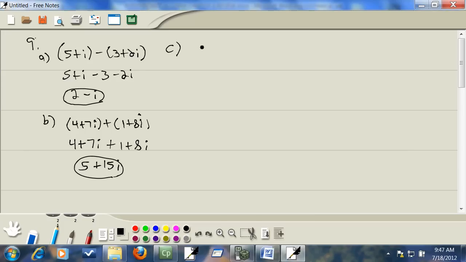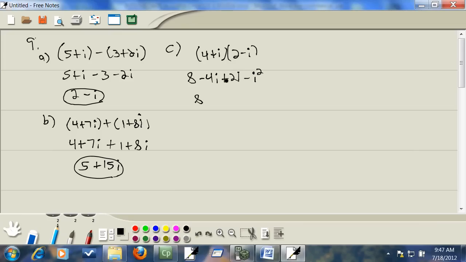Now for C, we got (4 plus i) times (2 minus i). Well, 4 times 2 is 8. 4 times negative i is negative 4i. i times 2 is 2i. i times negative i is negative i squared.